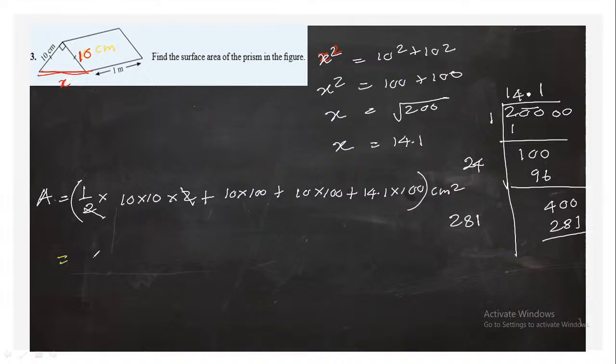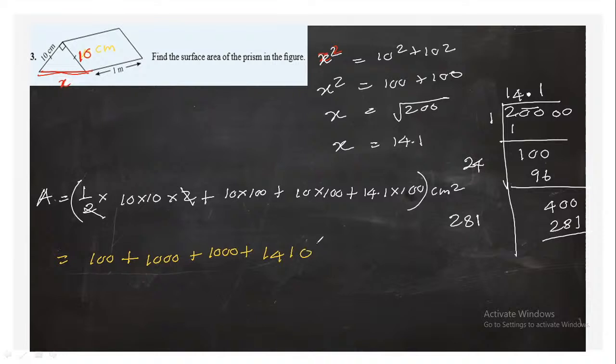Now we can get the total surface area. 10 into 10, that is 100, plus 100 into 10, that is 1,000, plus 1,000, plus 14 into 100, that is 1,410.